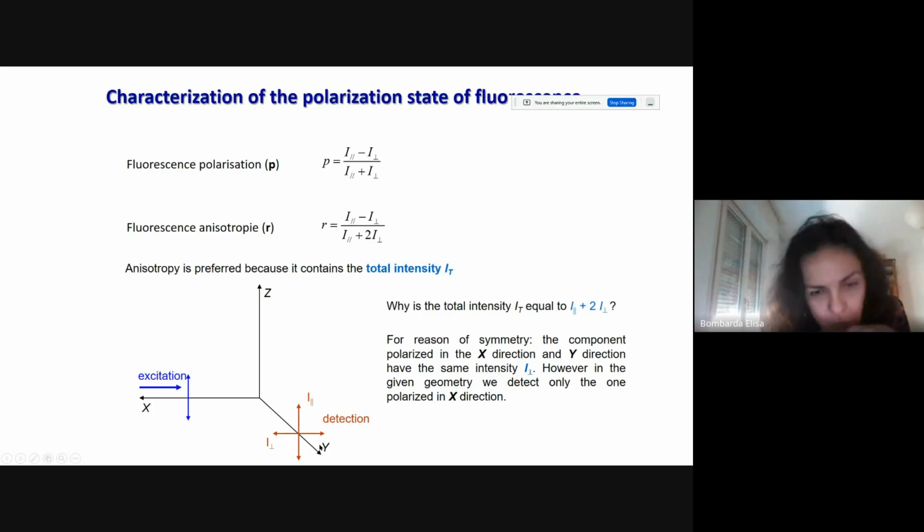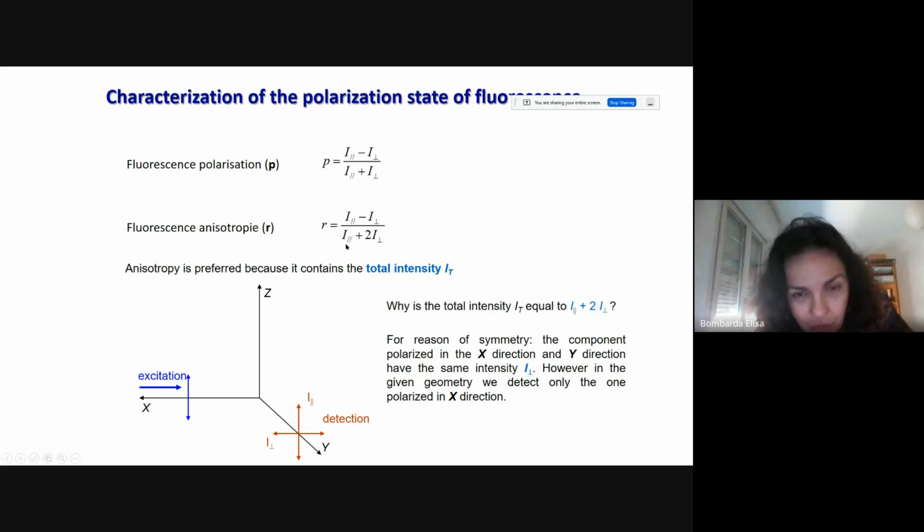Later we will explain also why the geometry for detecting fluorescence is that one. Yes, we cannot say everything at the same time. And so then, of course, what we detect is the zeta component, which will be parallel to the excitation, and the x component that is perpendicular to the excitation. But there will be also the y component.